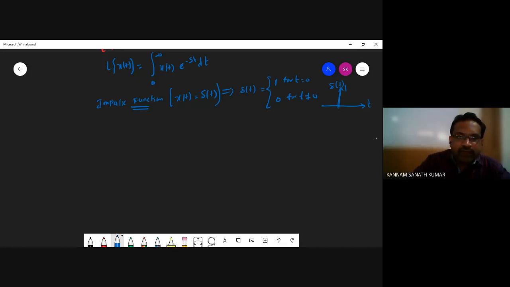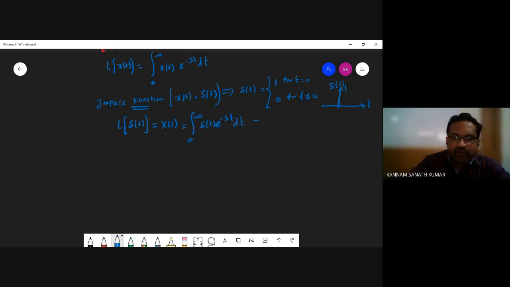Now we have to apply the Laplace transform to this impulse function. Laplace transform of del of t is X of s equal to integration 0 to infinity of del of t into e power minus st dt.